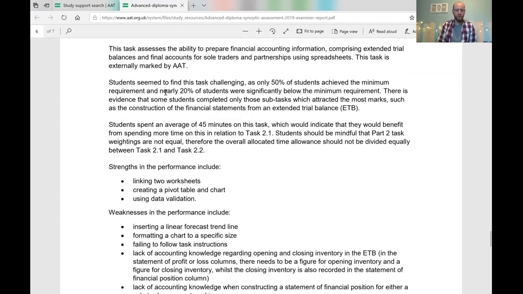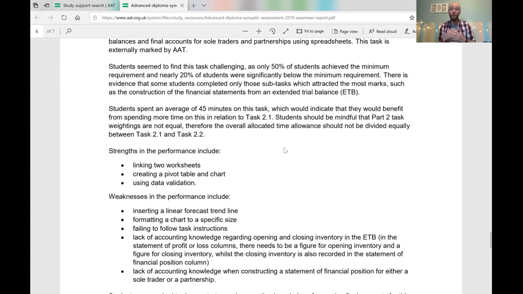Okay, and then it says students seem to find this task challenging. Only 50% of students achieve the minimum requirement, and nearly 20% of students were significantly below the minimum requirement, which is really high. And there is evidence that some students completed only the subtasks which attracted the most marks.